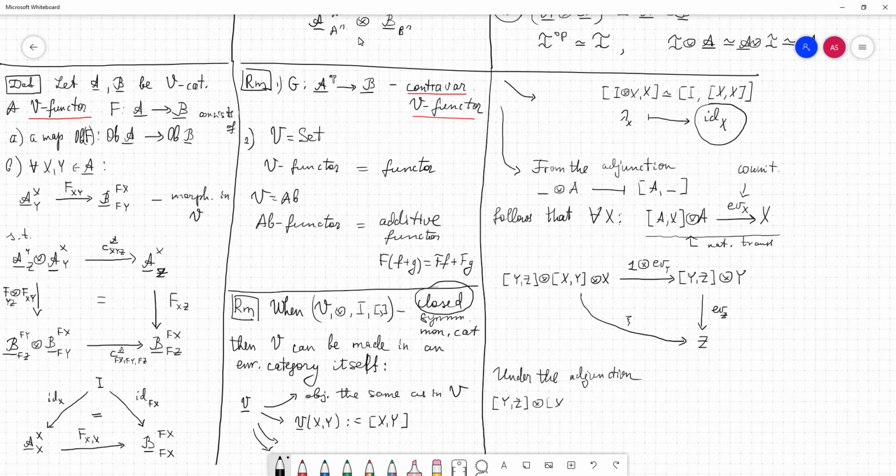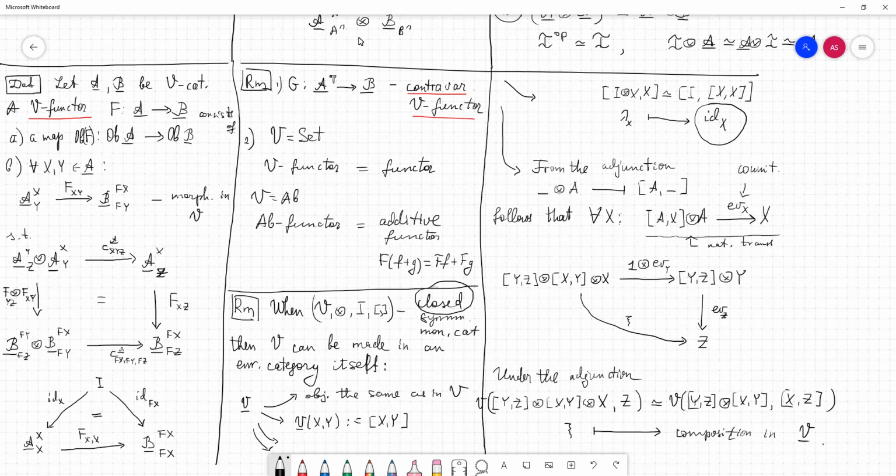YZ tensor X, comma, Y tensor X, comma, Z is isomorphic to V from Y to Z tensor from X to Y, comma, from X, internal home from X to Z. So this map Xi goes to composition in V underline.